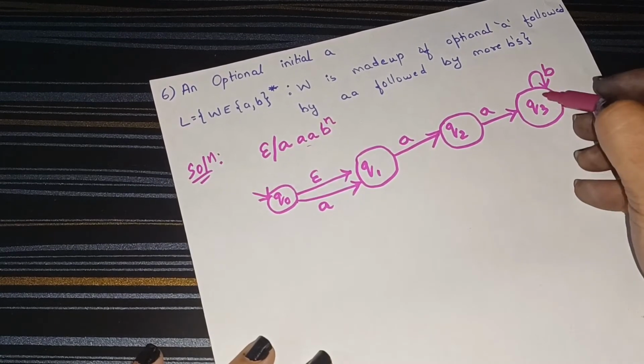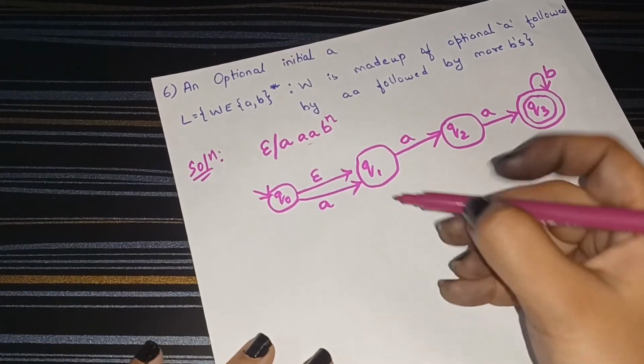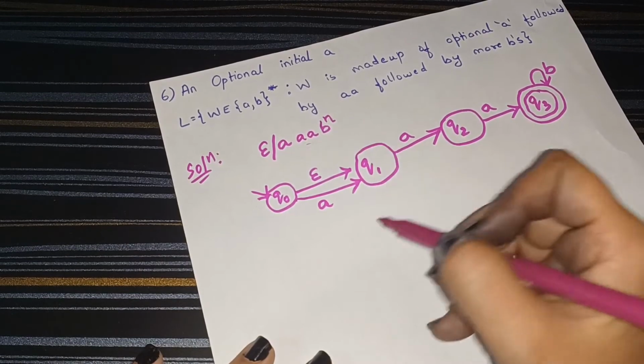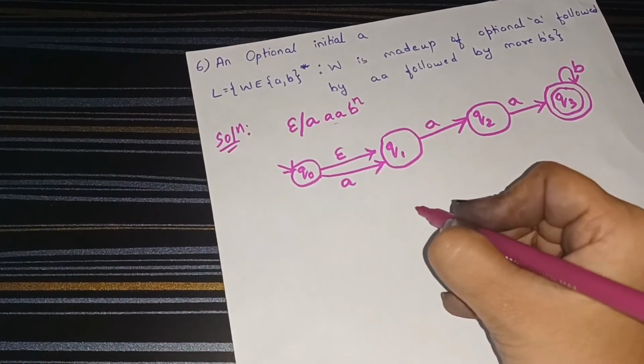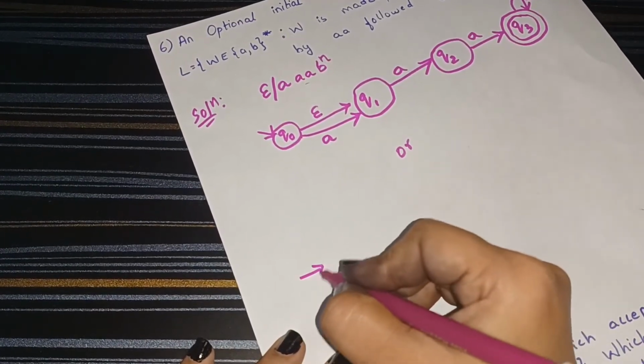After this we don't have any condition to satisfy, so we make this a final state. Whenever b raised to n is given, that means n number of b's can be formed.